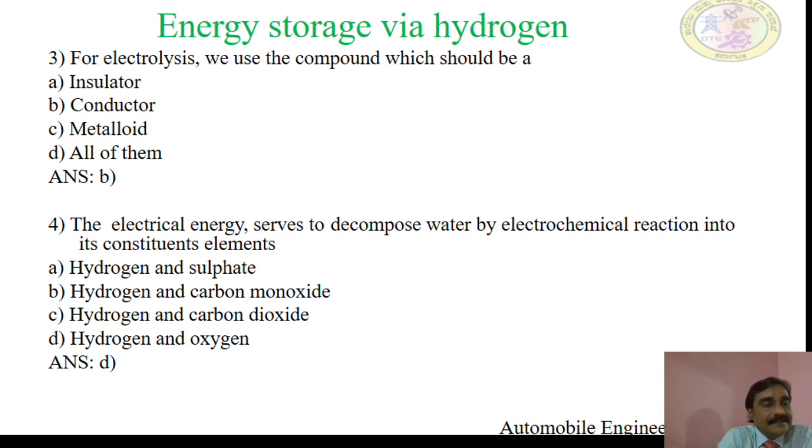The right answer is conductor. We are not using an insulator, we are not using a metalloid. So the second answer is right, conductor. You are using a conductor in the electrolysis process.